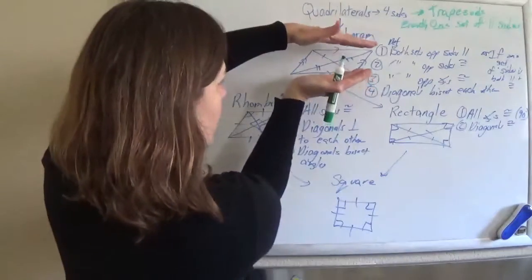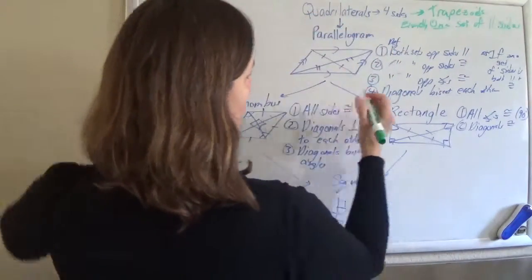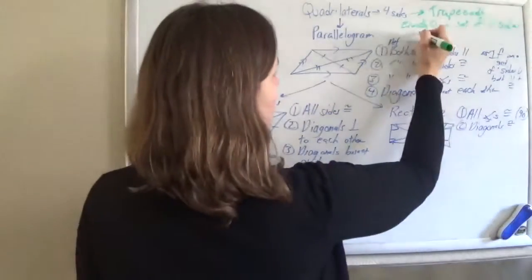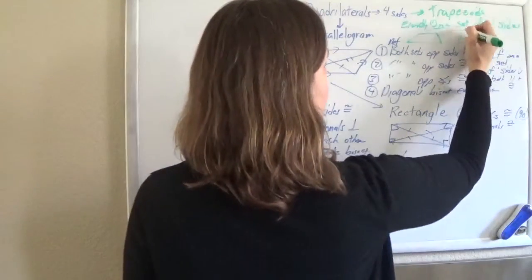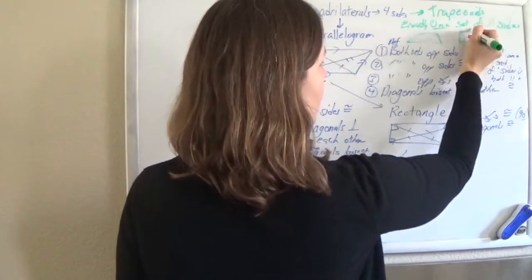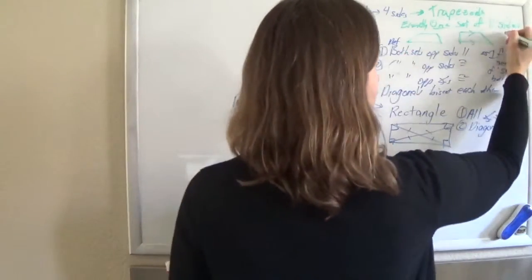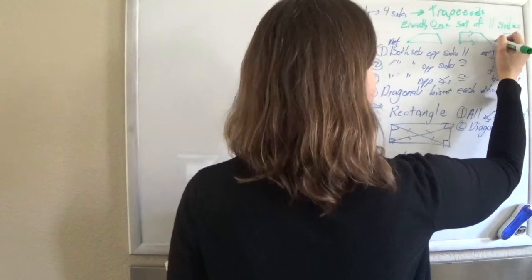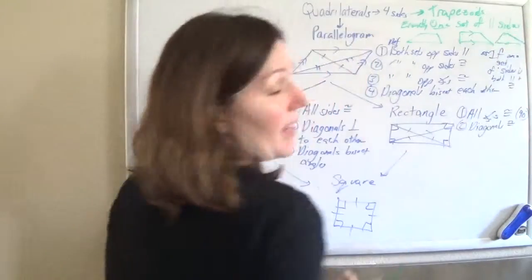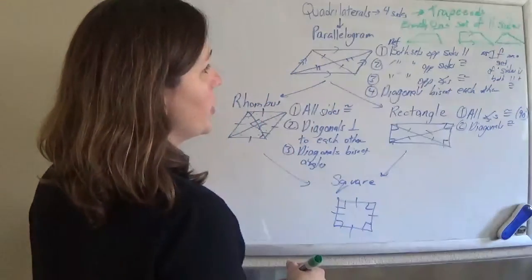A parallelogram has both sets of sides parallel. Trapezoids just have one set of parallel sides. So maybe something like this, or maybe a right trapezoid where this guy's parallel to that guy. Or maybe a funky one where this one is there and this one's super long and that side's parallel to that side. Any one of those will do.